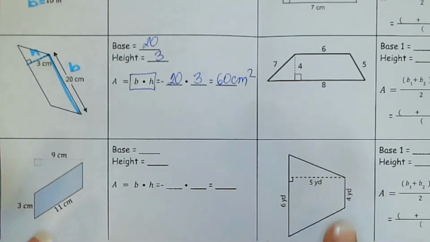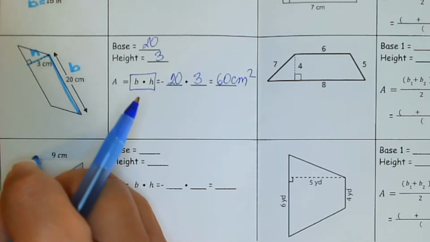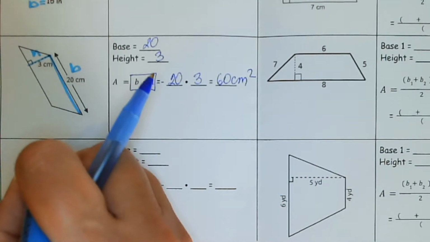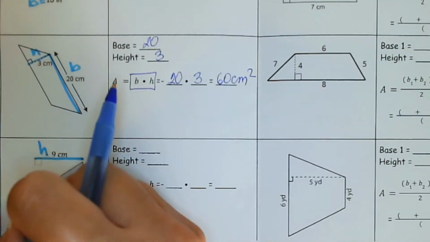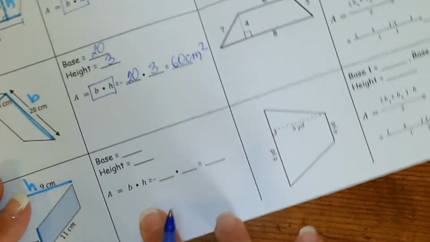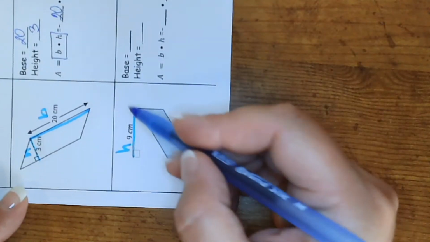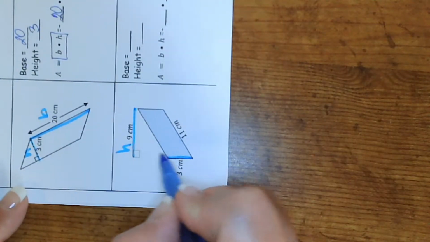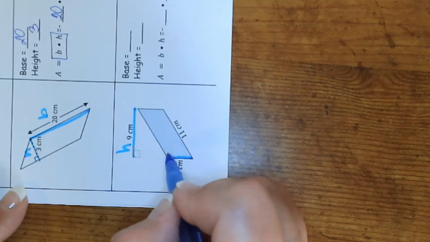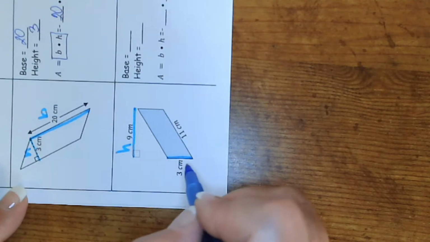The base and height can be determined by looking at the height first, how tall it is, then the perpendicular side to it. So if I turn this picture this way and look at the parallelogram this way, then I can see that the base is 3 and the height is how much it is to the top, which is 9 centimeters.